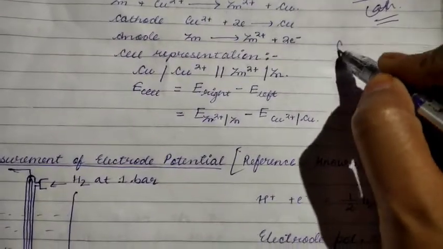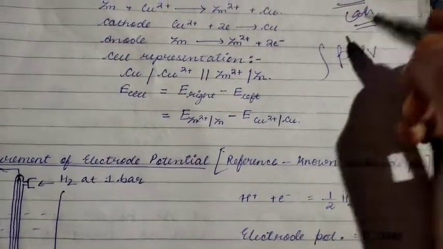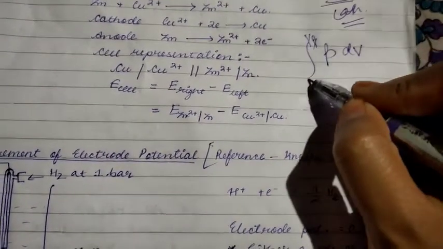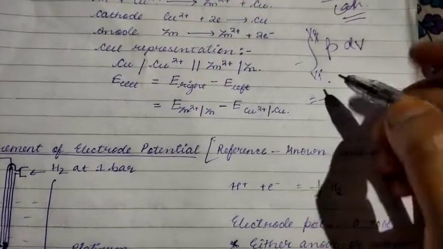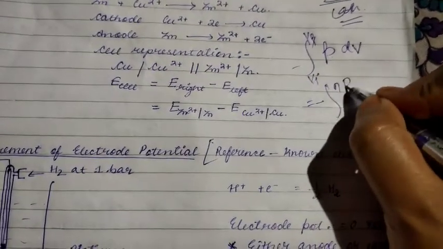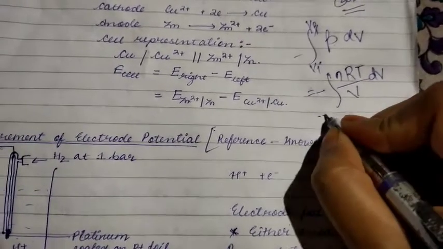It was P dV, so I am skipping P internal for now. nRT by V dV. Clear?